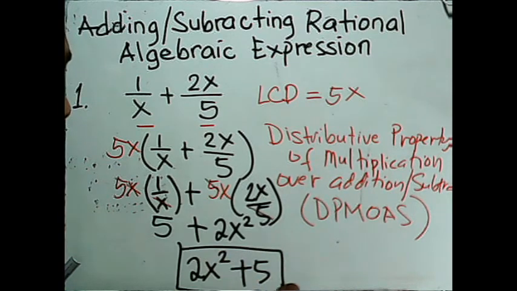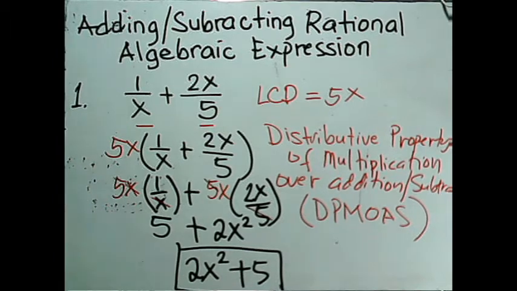This is now our quadratic expression, expressed in simplest form. As you notice, it is very easy to handle a quadratic expression if it is not in fractional form, unlike in this example.